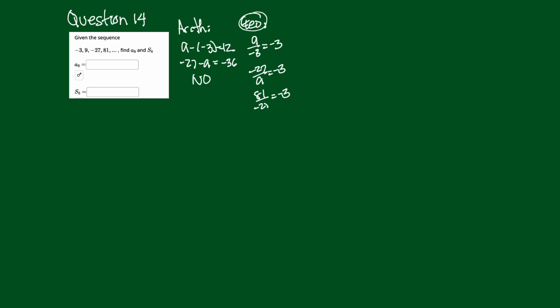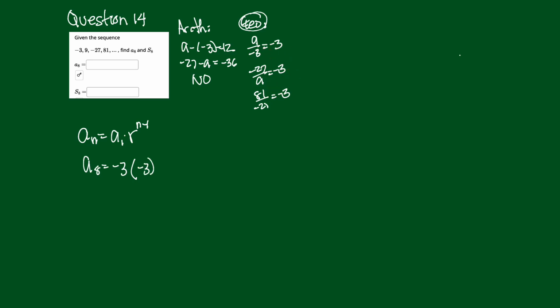And I have formulas for the nth term of a geometric and the sum of the first n terms. So here's what I know for the nth term. For a geometric, a sub n is equal to a1 times r to the n minus 1. Now in this case, I want a sub 8. So that's going to be the first term, which is negative 3, times r. Now r we got up here when we were playing around with this. r is negative 3.